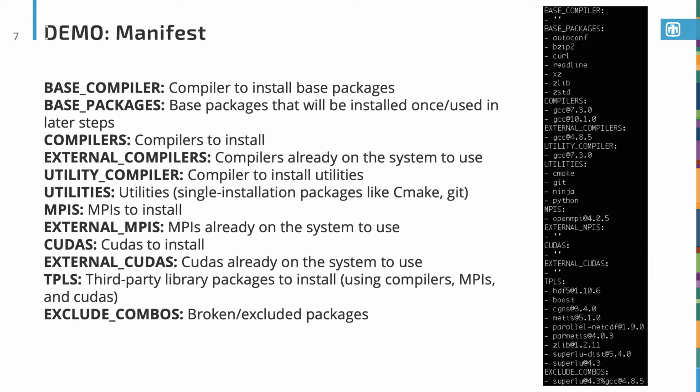And utility here means these are packages that are built once, like CMake or Git, and don't necessarily need to be linked against, but you can just run them. Another category would be these TPLs, right? And what that means in this language is that the TPLs are all going to get built with the cross product of MPIs and compilers and CUDAs if appropriate, right?